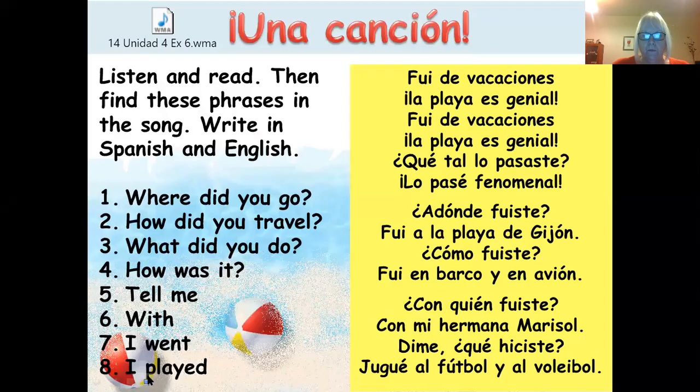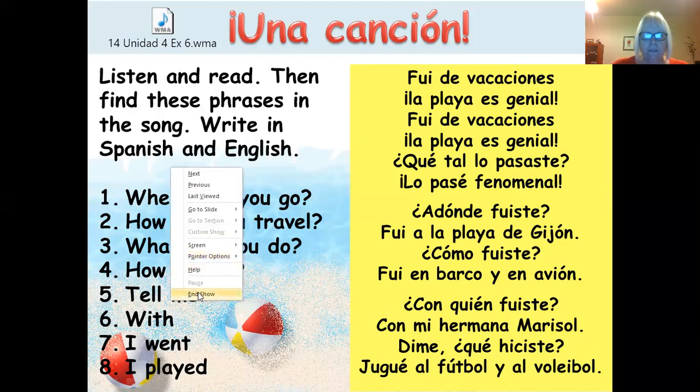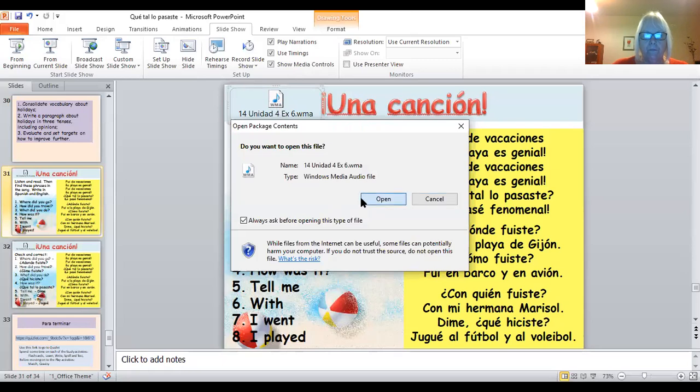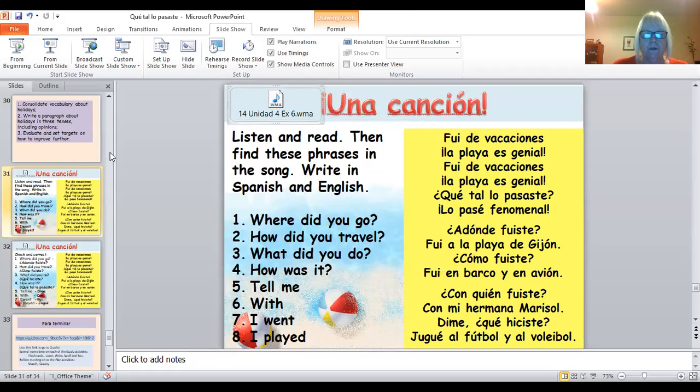Okay, so what I'd like you to do for the main task this lesson, there is a song which I'm going to play. Again, I'll have to minimize this so that I can do it. I'm doing it this way because it's easier and it's a better quality of sound.